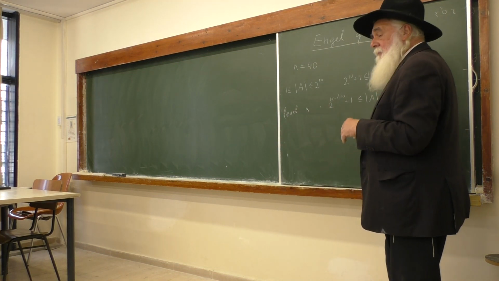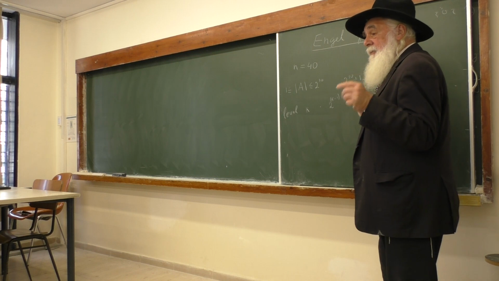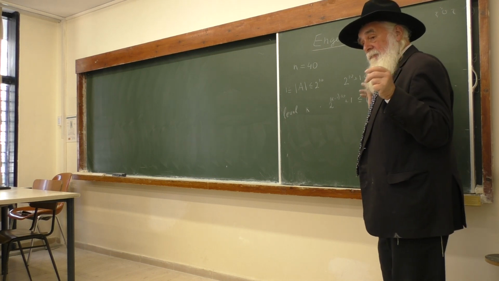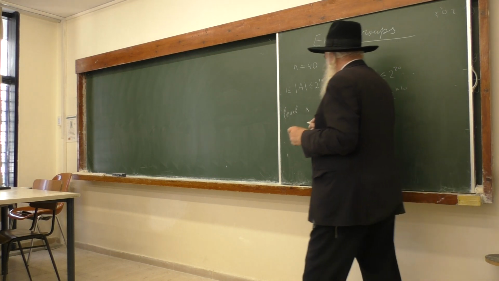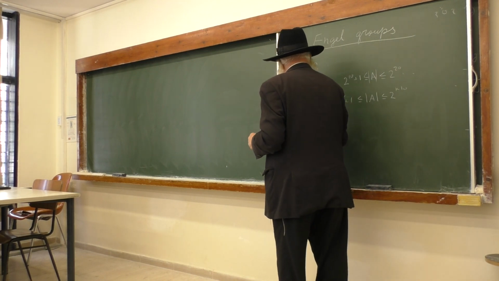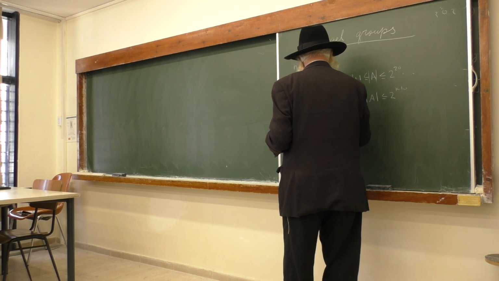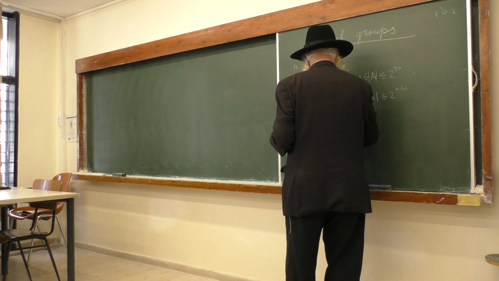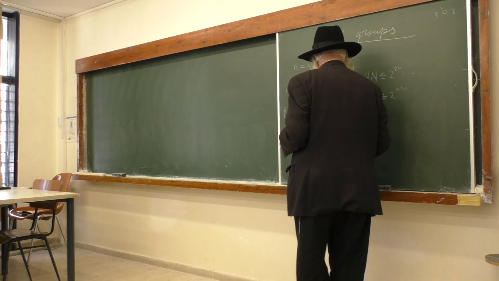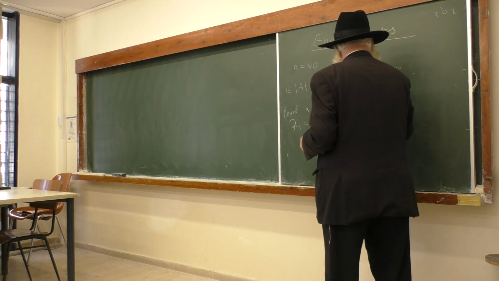Okay, now let us first consider the first level. So we take R1, all the relators, A, B, B, 40 times.